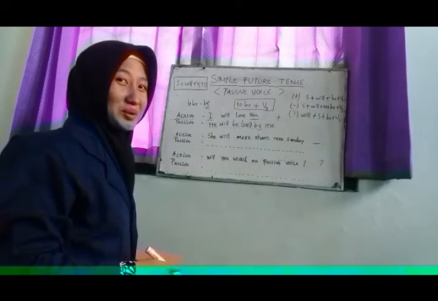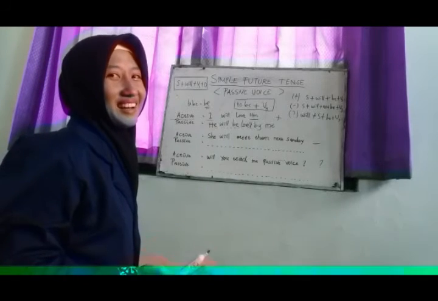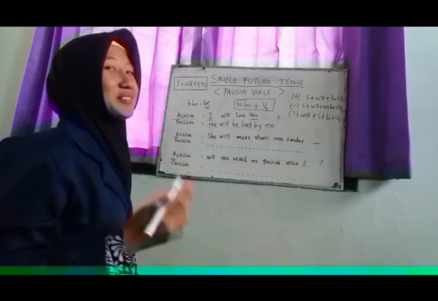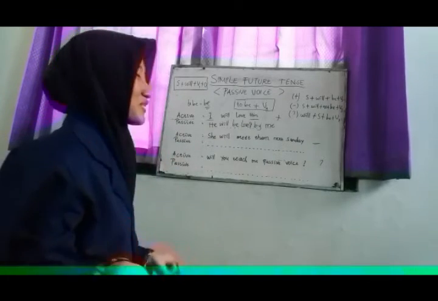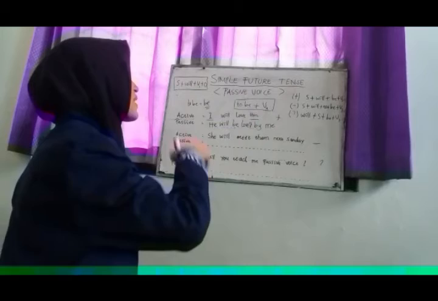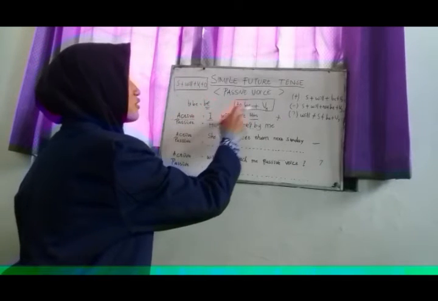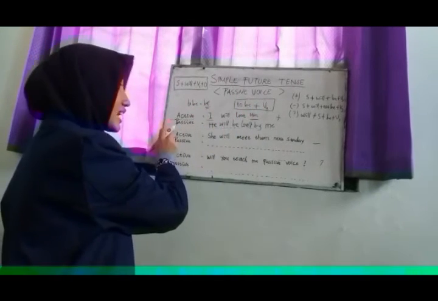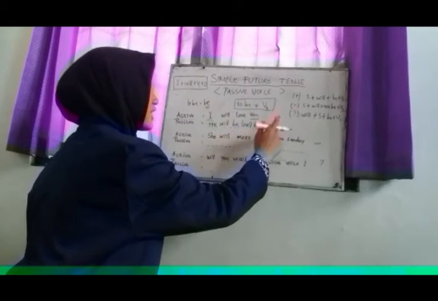Do you remember Maroon 5 songs? He will be loved. He will be loved. No, it is she will be loved. But here, he will be loved. Okay, next. The active sentence is I will love him, but the passive sentence is he will be loved by me.